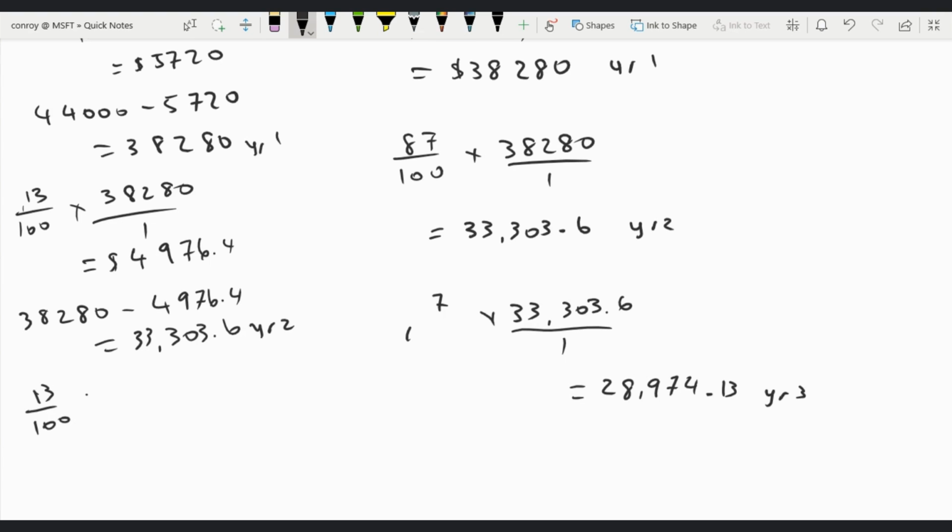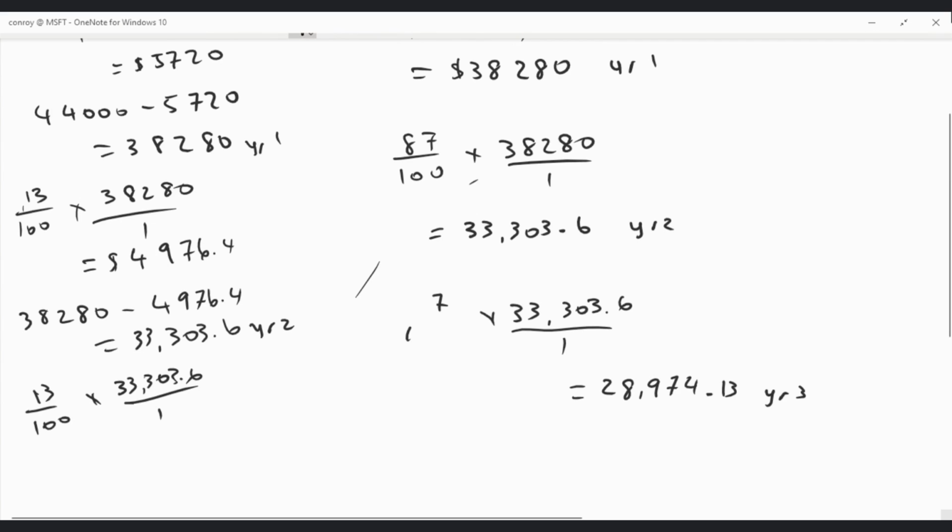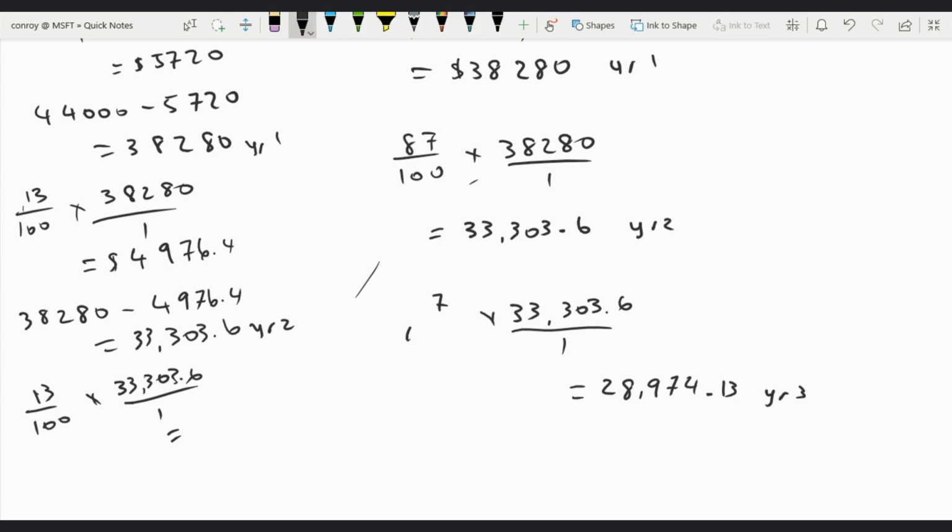13 over 100 times this new figure, which is the second year depreciated value. 13 times that gives 4,329.46.